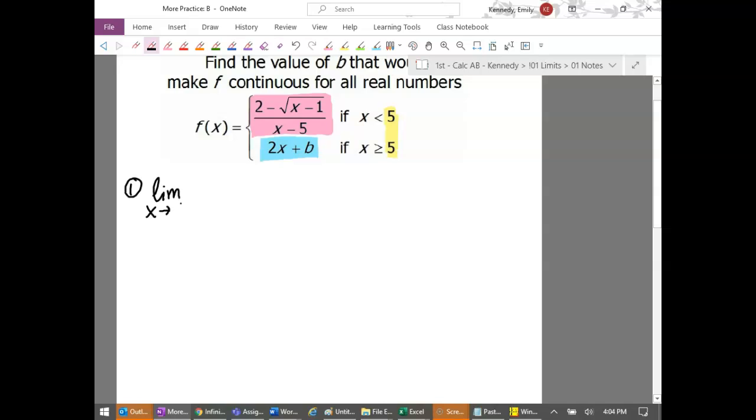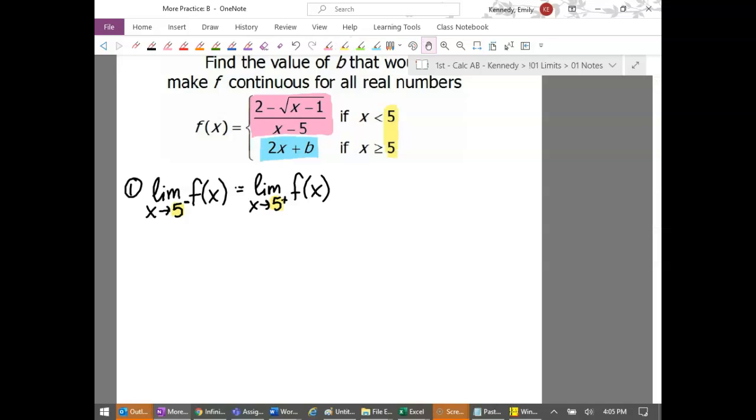So our two-sided limit has to exist, which means the limit from the left is the same as the limit from the right. And once again, I'm focusing on 5 because that's the only spot where anything could go wrong. That's where we're switching from the pink to the red.